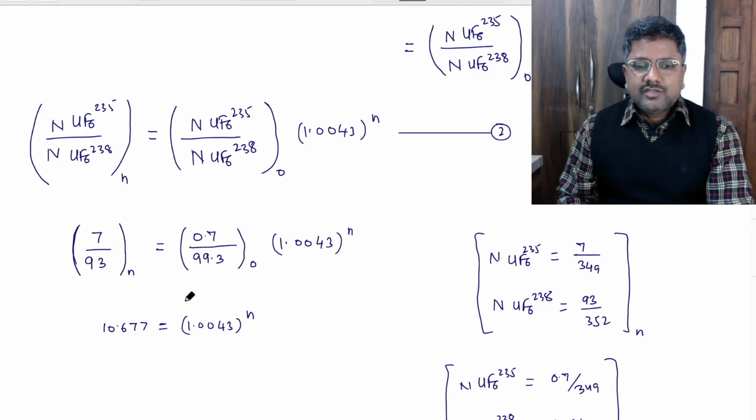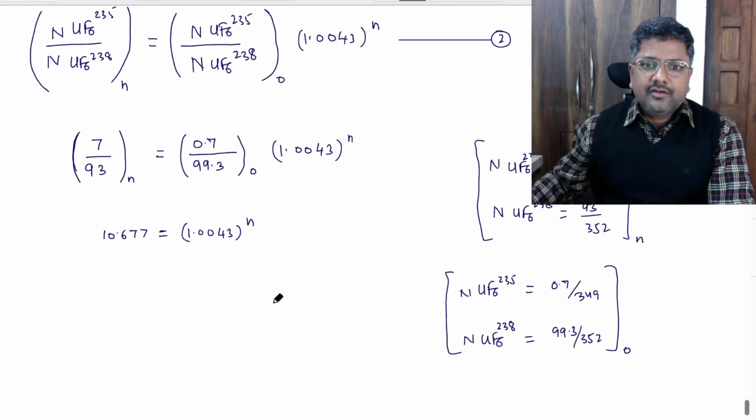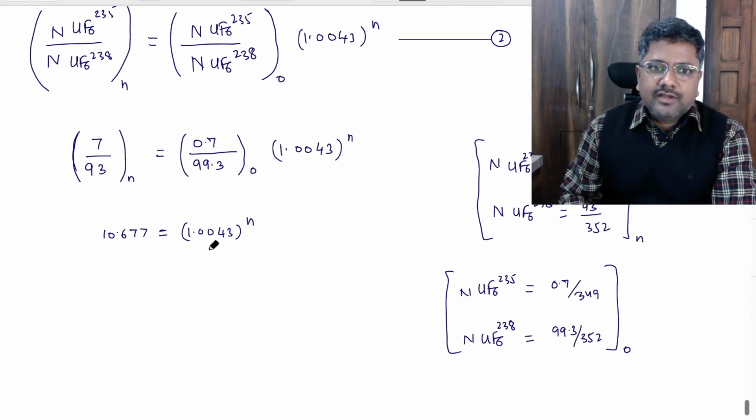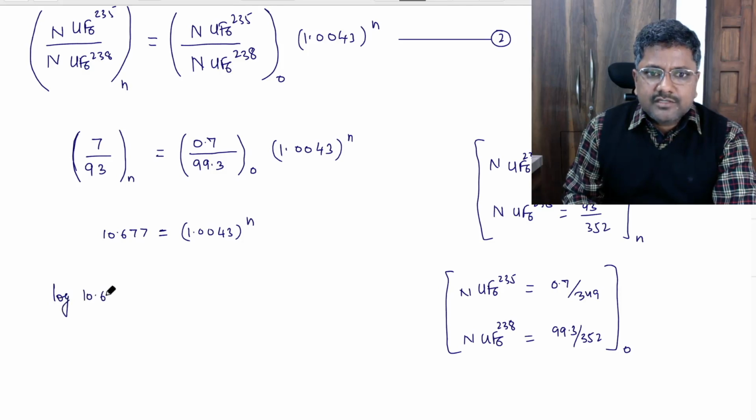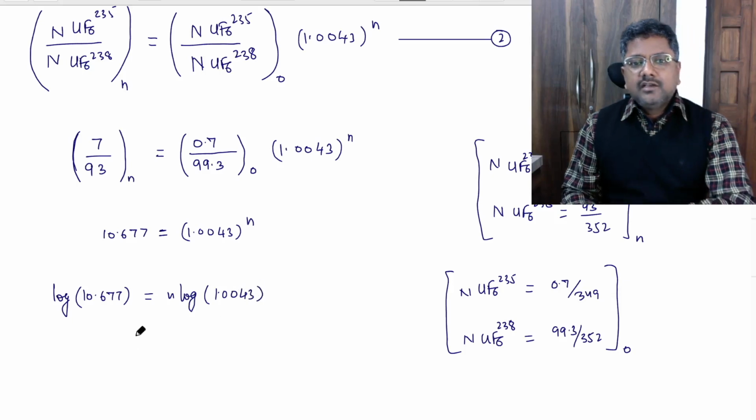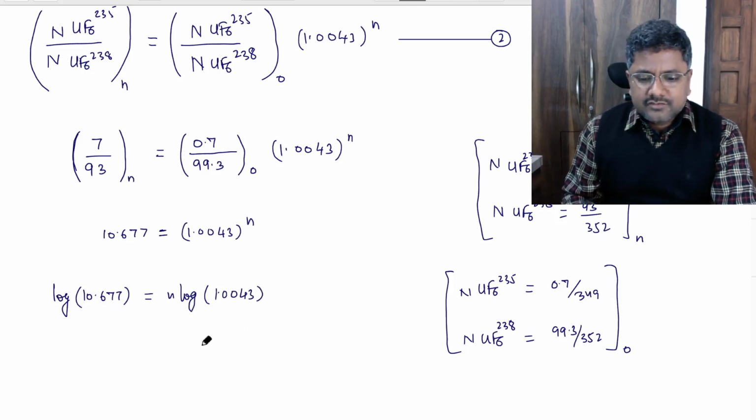So this is the solution of this equation. Now we can find out this value of n. How to find out? Take the log for both the sides. So log base 10, 10.677 is equal to n log 1.0043, right?